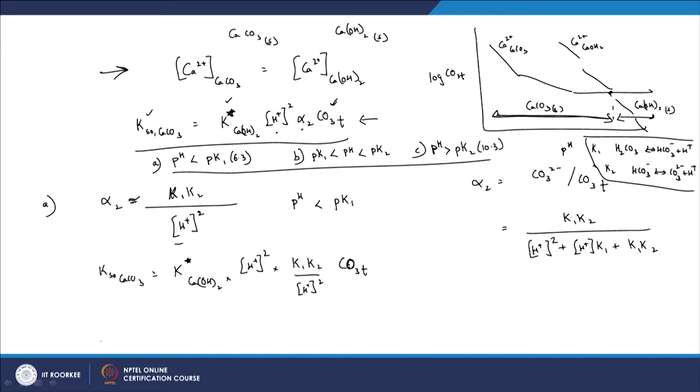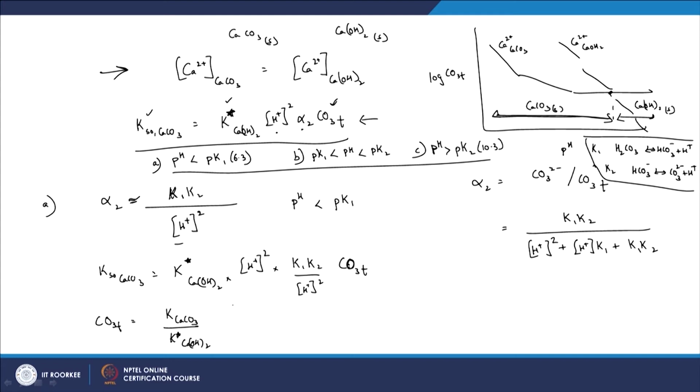Or I can also express this as CO3 total is equal to the solubility constant of CaCO3 by K star CaOH twice, H plus square, and H plus square obviously cancel each other out, and CO3 total.